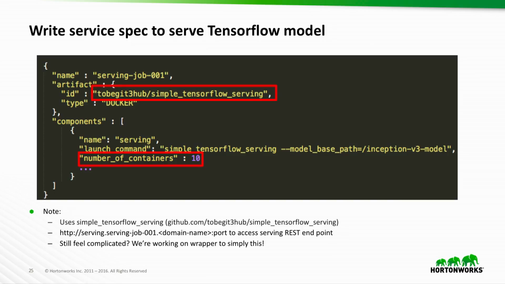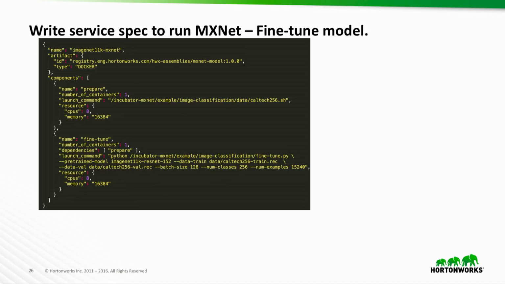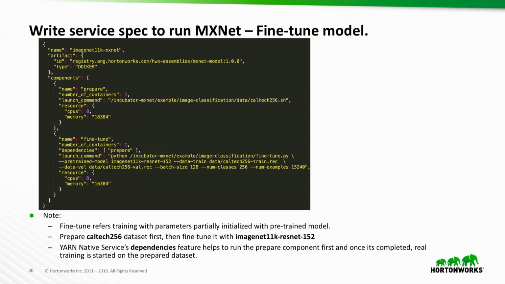There's another example, which is writing a service spec to run MXNet. This spec consists of two parts. One is prepare, which downloads the data and prepares what needs to be trained. The other is fine tune, which is a training process using the downloaded data.